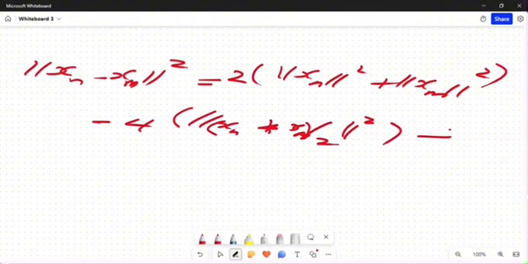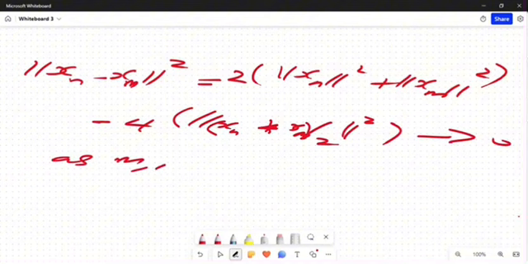The whole of this goes to 0 as m, n go to infinity.